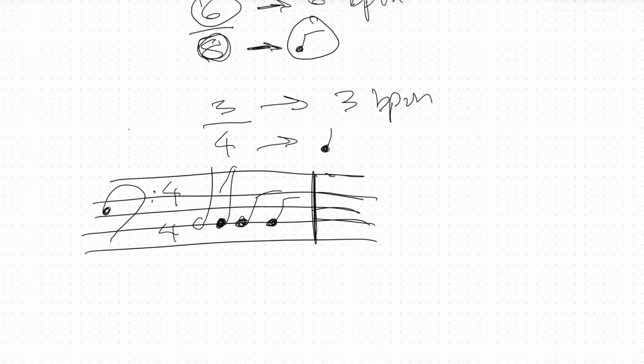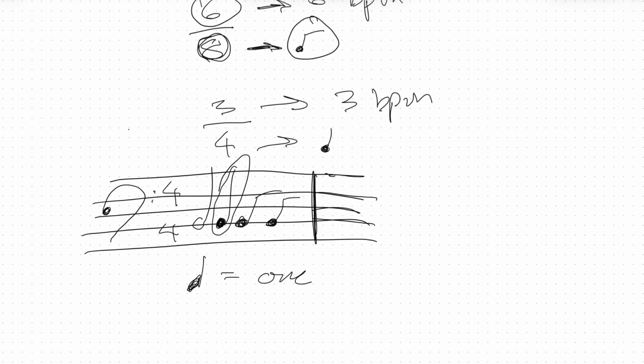So we all know that the notes are in relation to each other. In a 4/4 time signature, we know that the quarter note gets the beat, which means that the quarter note equals 1 beat.